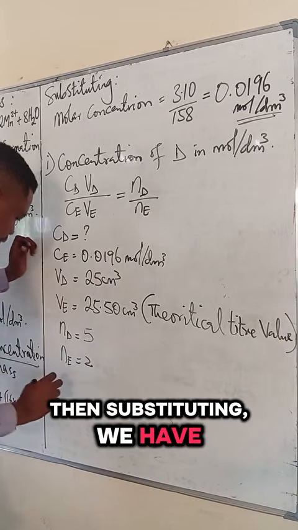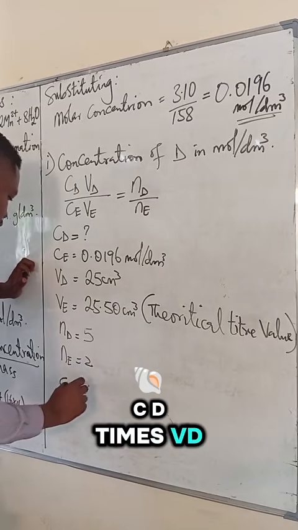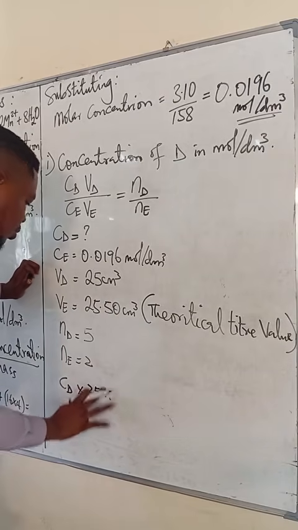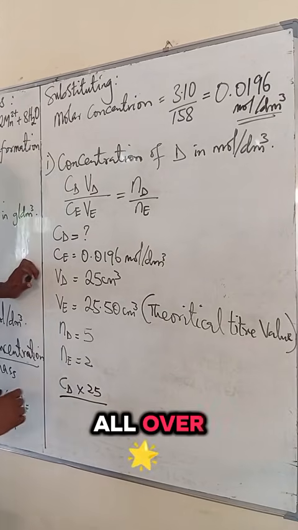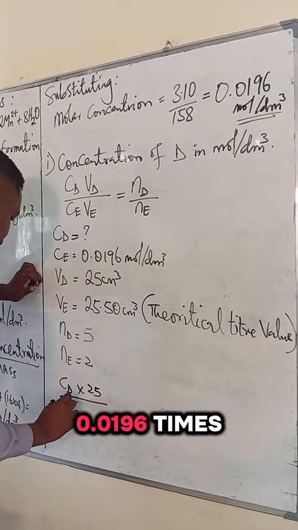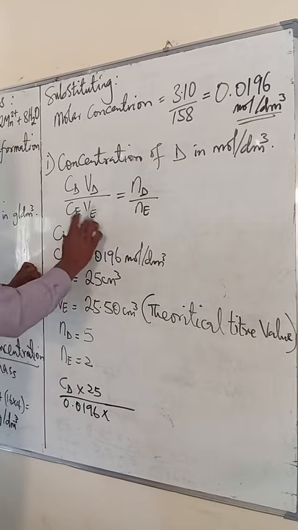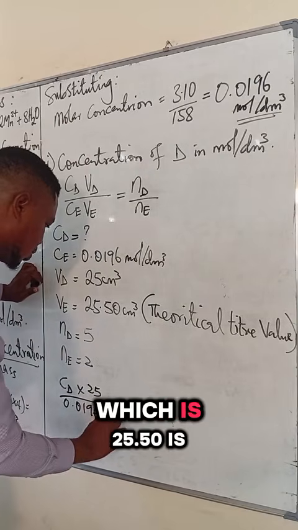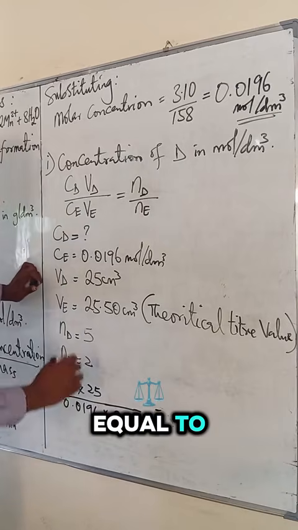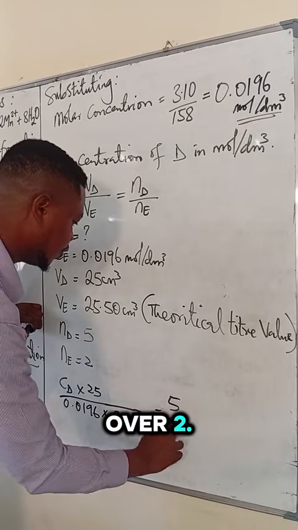Then substituting, we have CD times VD, 25, times all over CE, 0.0196, times VE, which is 25.50, is equal to ND over NE. We have 5 all over 2.